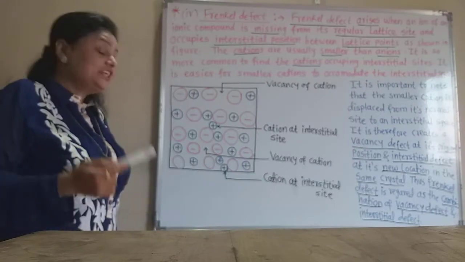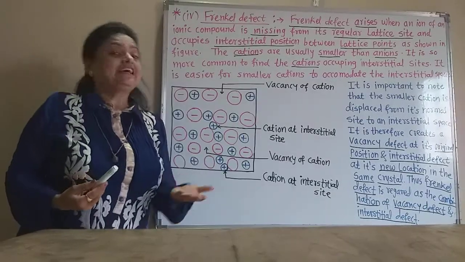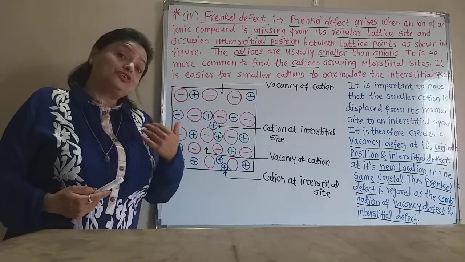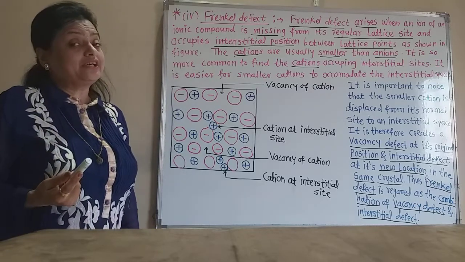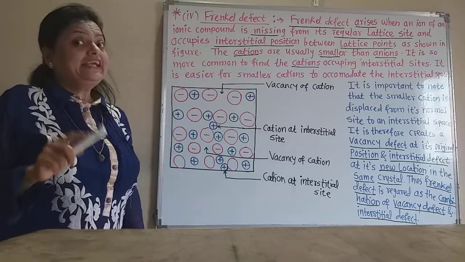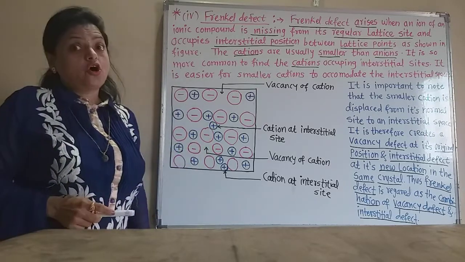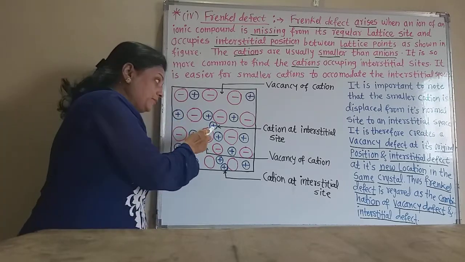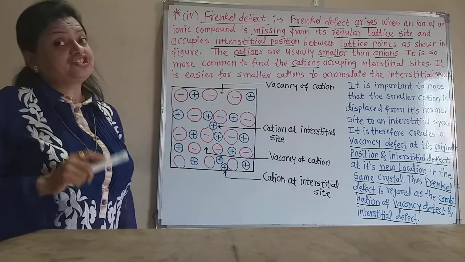That means this Frenkel defect is the combination of the vacancy defect and the interstitial defect. The vacancy defect is found at the original site of the cation from which it is displaced, and the interstitial defect is observed at the space into which that cation is shifted.